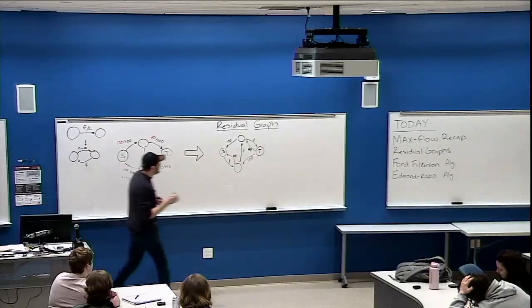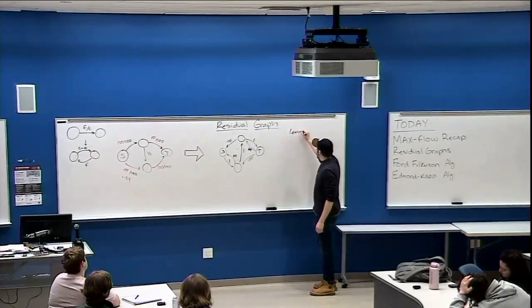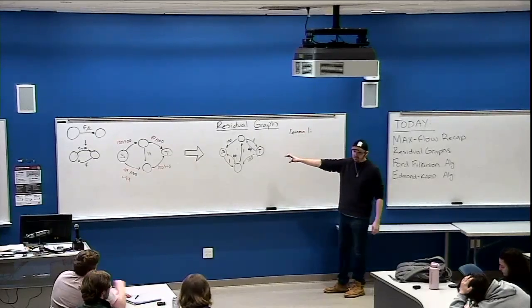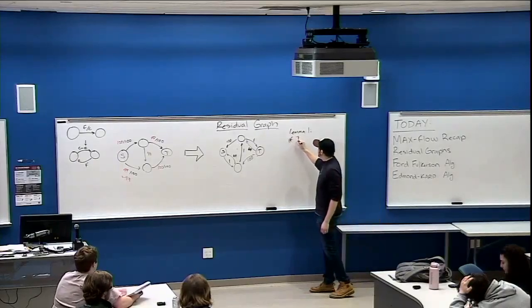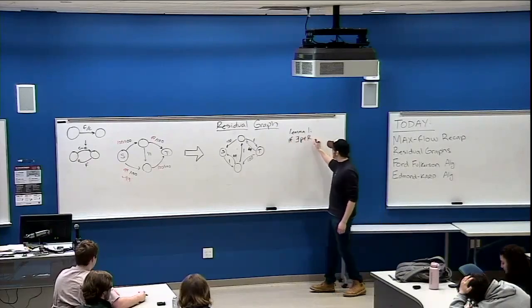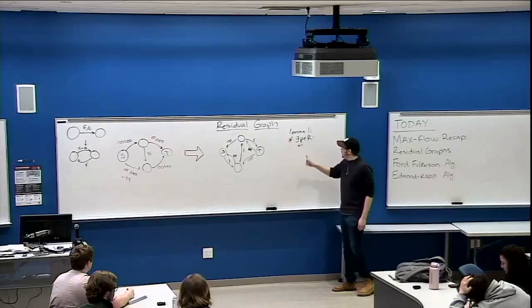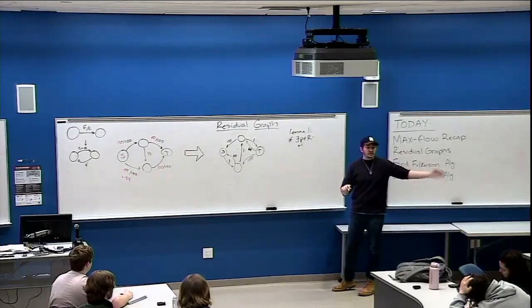I'm going to put these two things as lemmas. Lemma 1 is going to be that if there exists some path in the residual from S to T, then the flow is not currently maximized.